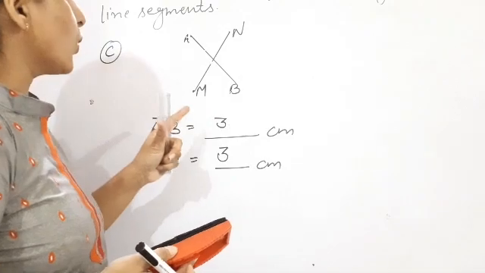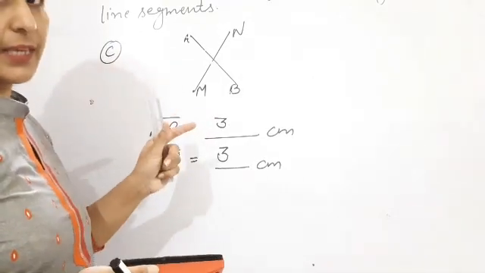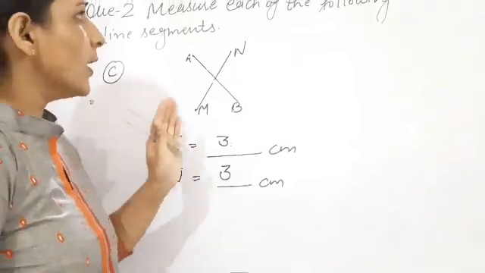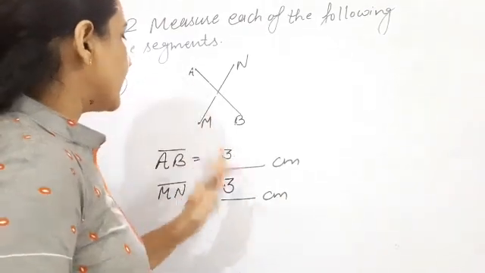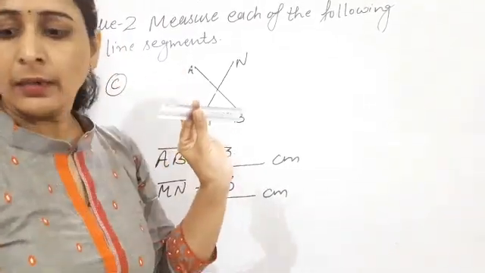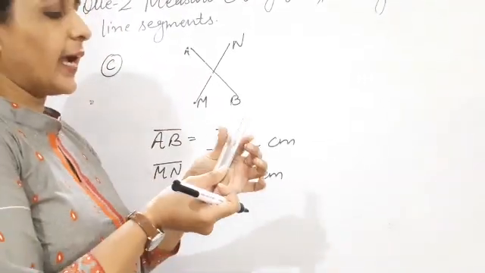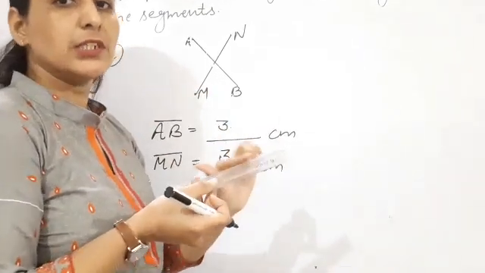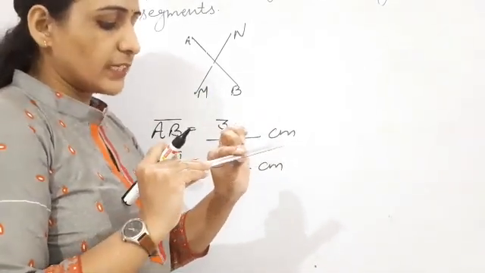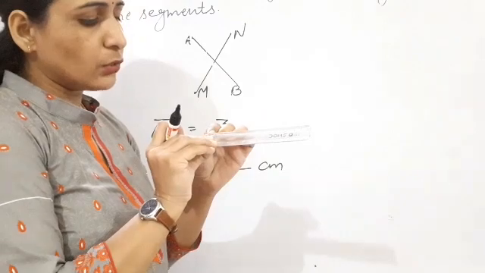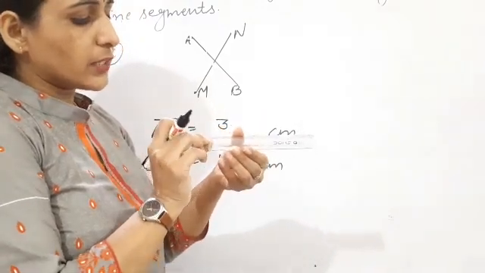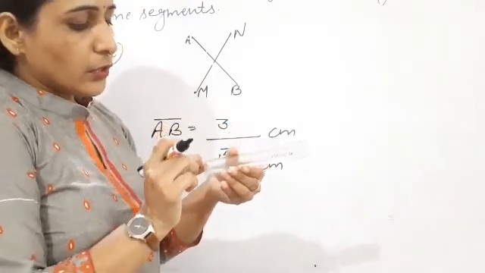So beta, this is all about your exercise number 4.2. In question number 1, draw the line segment, and in question number 2, measure the given line segment. You measure it, start from 0 and after that you measure 1 centimeter, 2 centimeter, 3 centimeter. Clear? If 0 is not given, so before your 1 there is an arrow, 1 is given here, on this line.